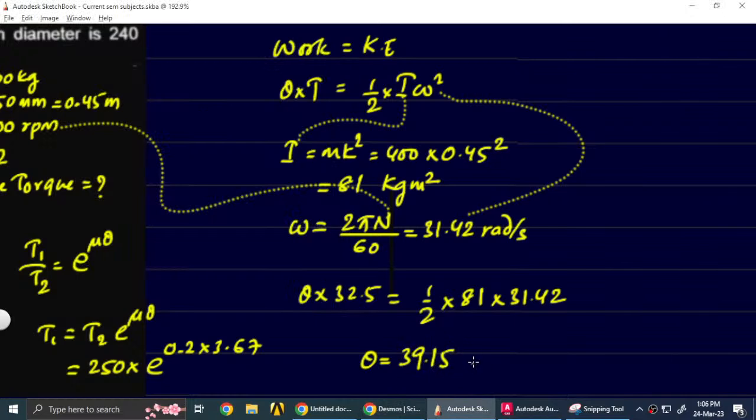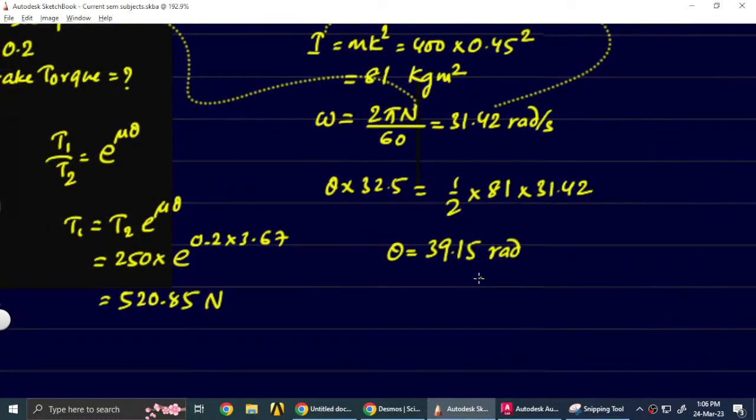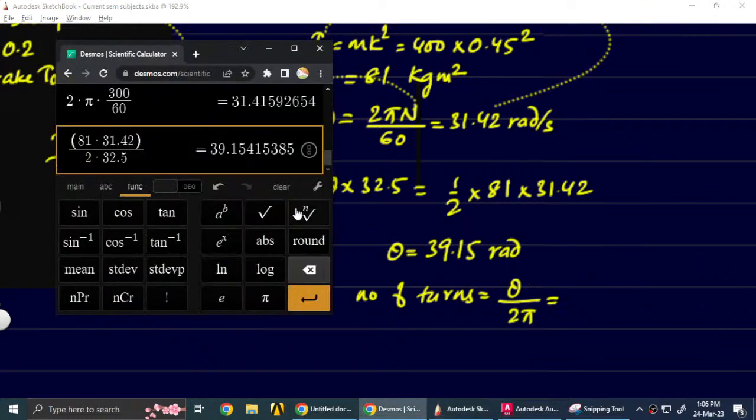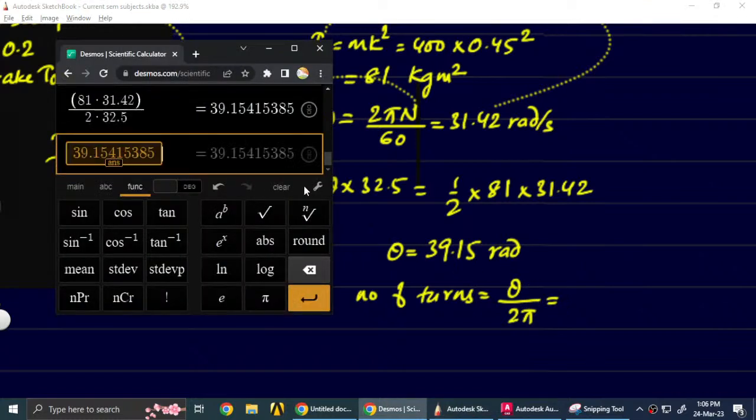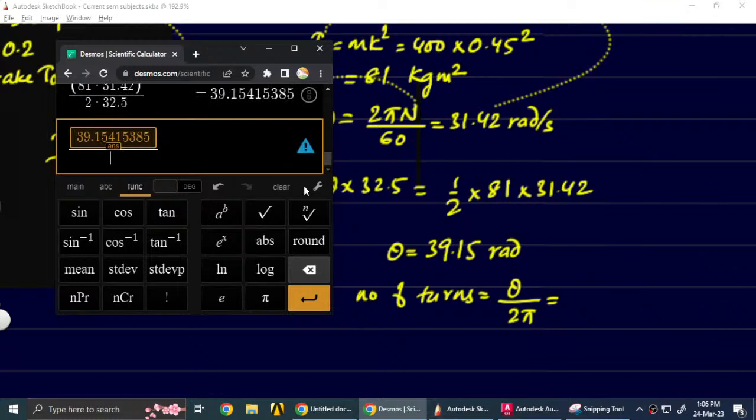Now the value that we got here is not in degrees, it is in radians. So if you want to find the number of turns, this theta needs to be divided by 2 pi, because 2 pi radians make one complete rotation. So let's do that. We'll have to take the answer divided by 2 pi.